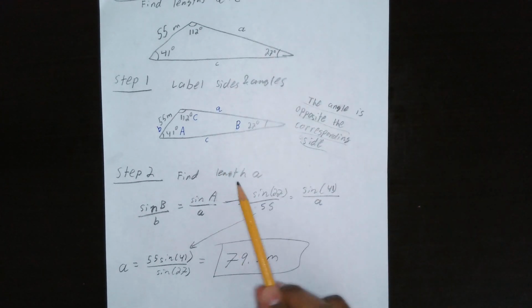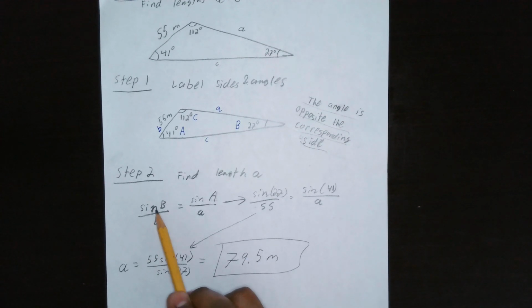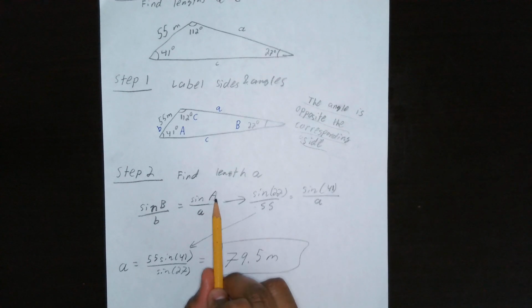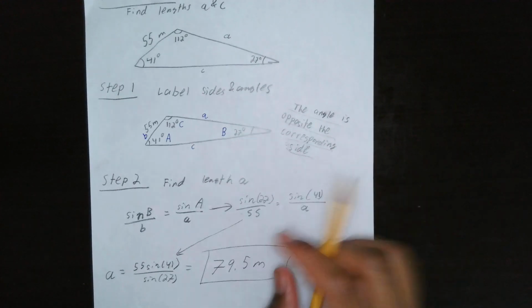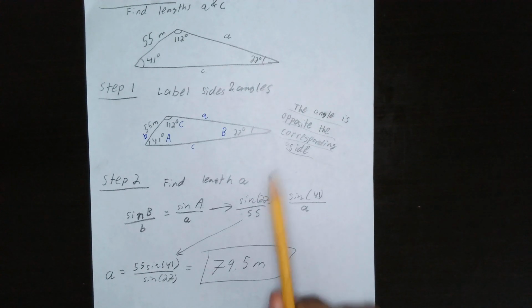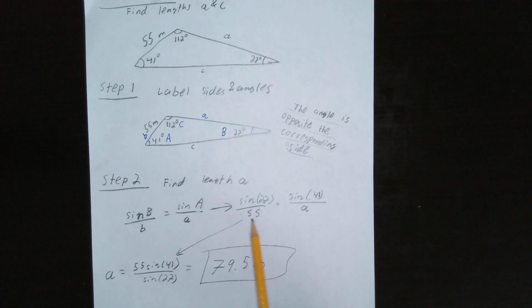Starting off with trying to find the length of side A, use the fact that the sine of angle B divided by the length of B is equal to the sine of angle A divided by the length of A. Angle B is equal to 27 degrees, so we plug that in here. The length of side B is 55 meters, so we wrote that down over here. We subbed in for side B.